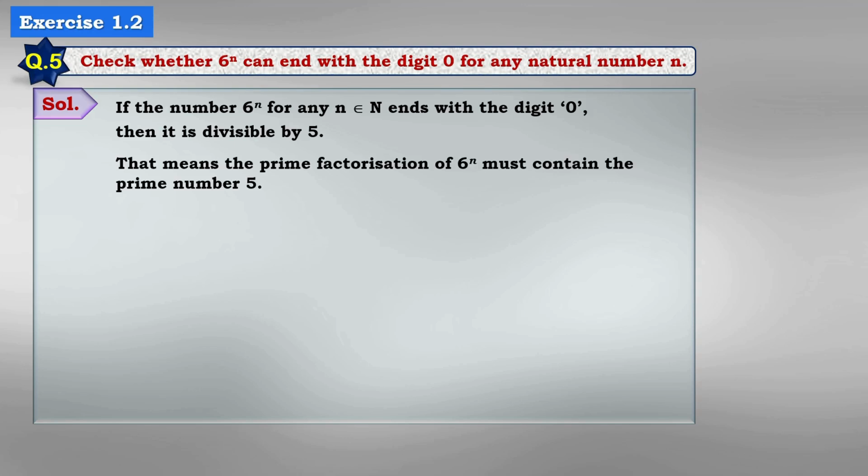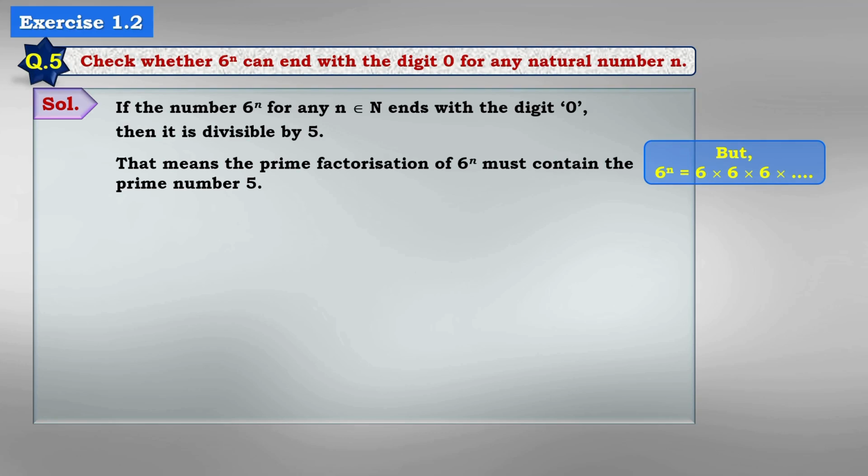That means the prime factorization of 6 to the power n must contain the prime number 5. If we get the prime number 5 when we factorize it, then there is a chance that it will end with 0. Now let's see whether the prime number 5 is present or not.